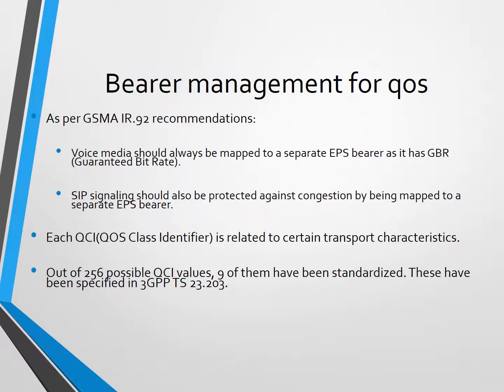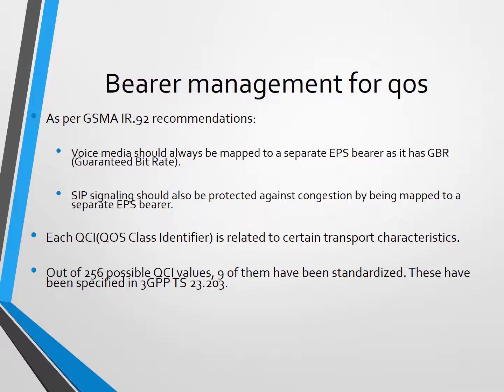Other than this, SIP signaling, which is basically used from UE to IMS, should be protected against congestion by being mapped to a separate EPS bearer with the highest QoS. We will see the QoS and QCI mapping for different bearers, and which QCI and QoS will be mapped for SIP signaling will be important and interesting to see.